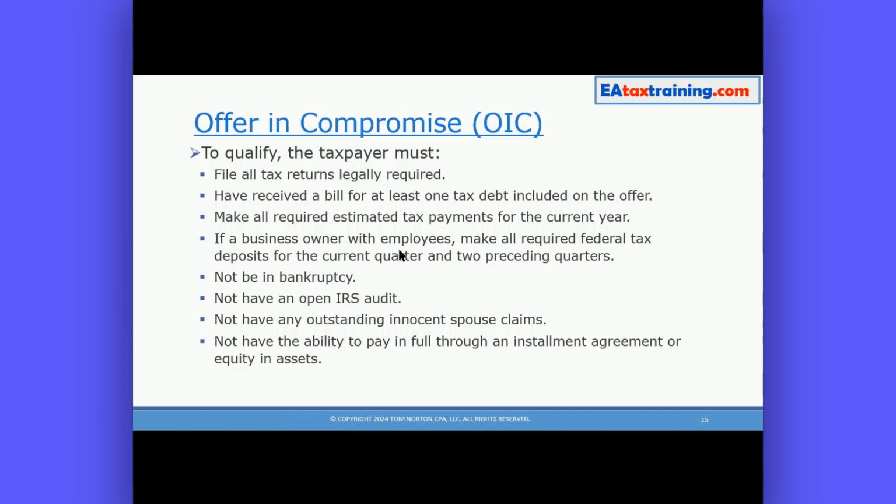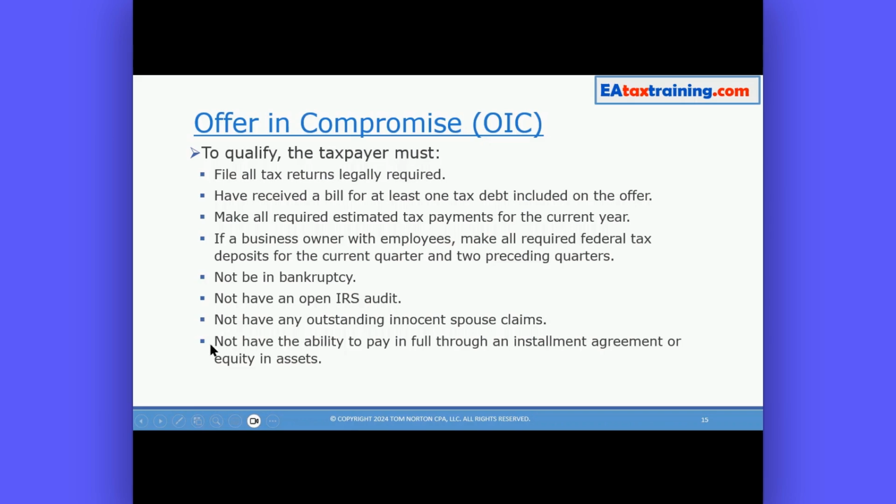So you can't be behind on your current taxes and request an offer in compromise for old taxes. If the taxpayer is a business owner with employees, they must have made all required federal tax deposits for the current quarter and 2 preceding quarters. Taxpayer cannot be in bankruptcy, cannot have an open IRS audit, cannot have any outstanding innocent spouse claims, and cannot have the ability to pay in full through an installment agreement or equity in assets.